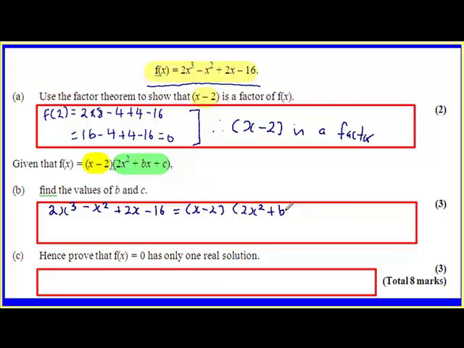So that's 2x squared plus bx. We need to get negative 16. We already have negative 2, so that must be plus 8.